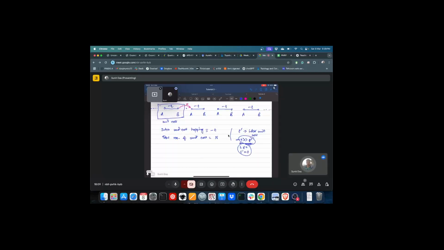So you have a unit cell like this, and the system has a total of n unit cells.